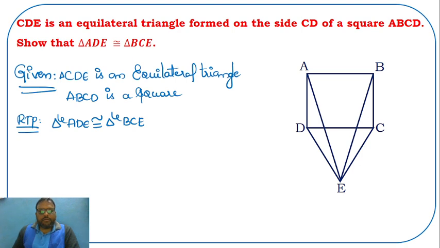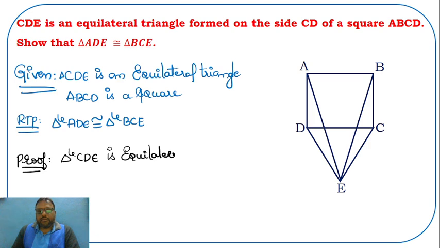Okay. Now let us start the proof for this. So when you start the proof, first let us start with the given conditions itself. What he told, triangle CDE is an equilateral triangle, right?